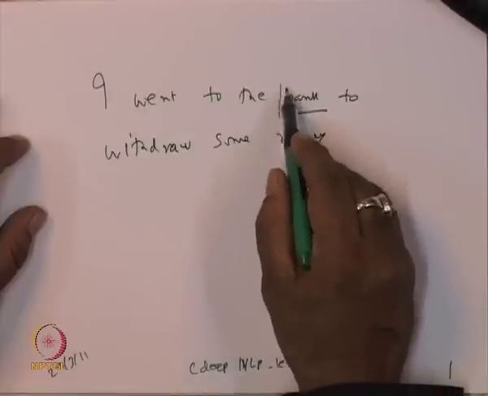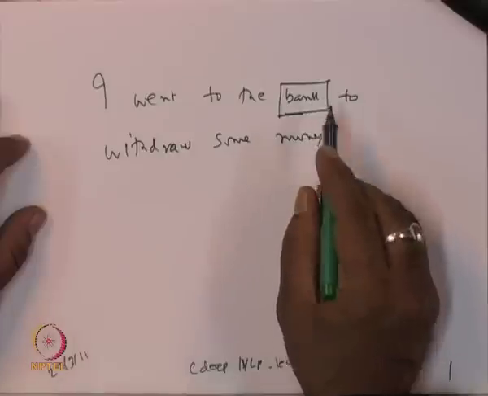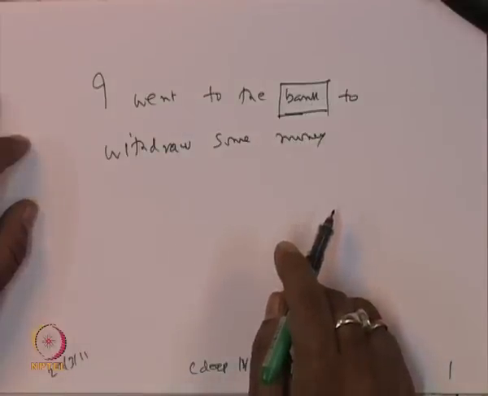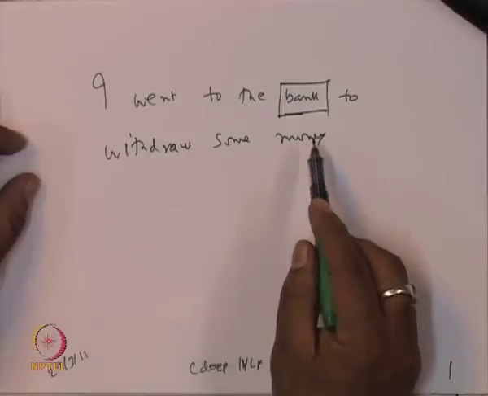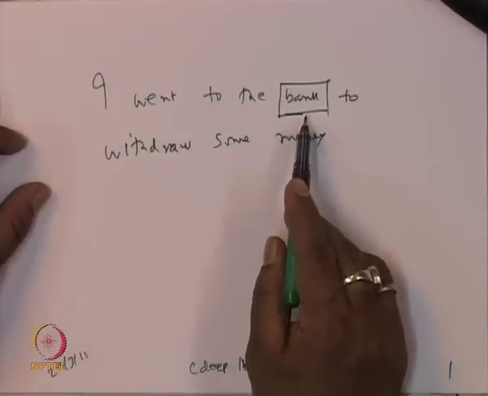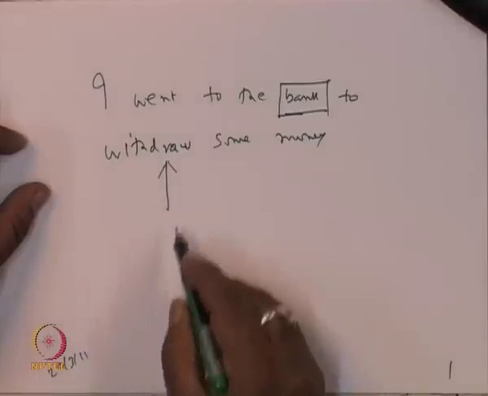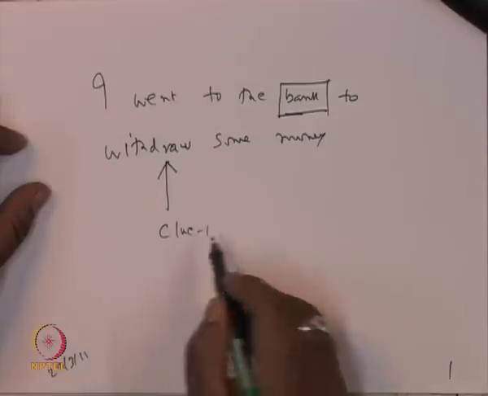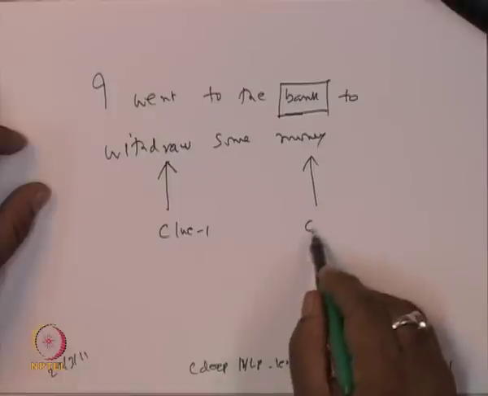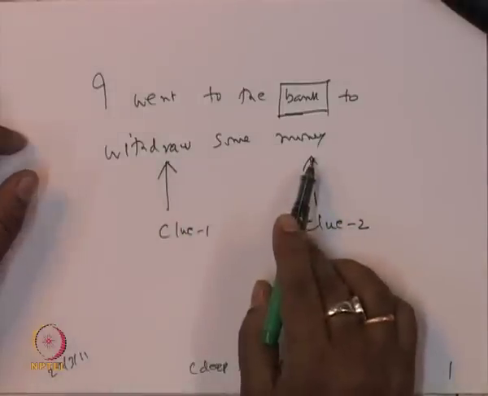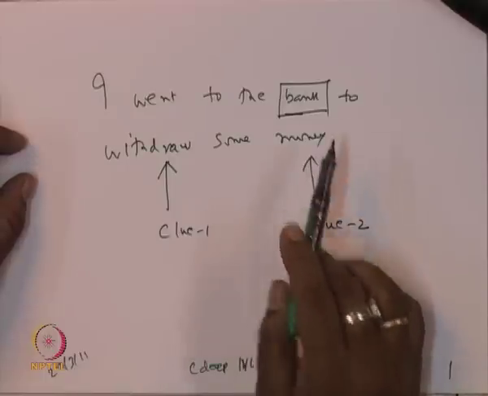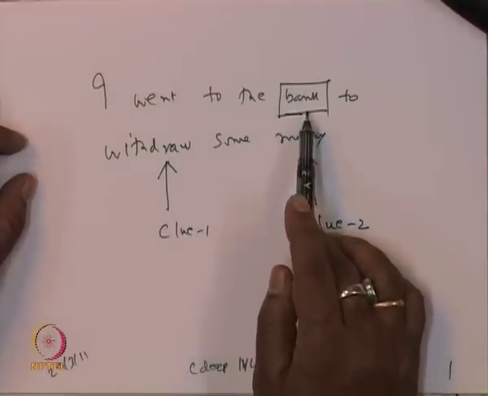Bank is the word which needs disambiguation, and what do we find from the sentence? That there are clues in the form of, one is withdraw, strong clue, clue 1, another clue is money, which is clue 2. So, these are strong clues by which bank can be disambiguated.